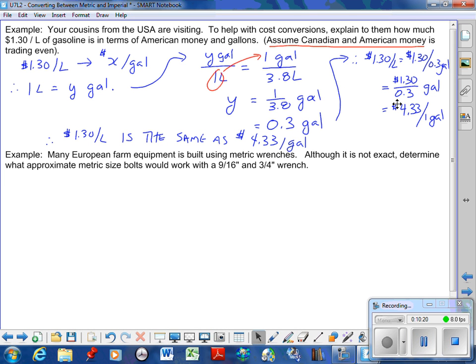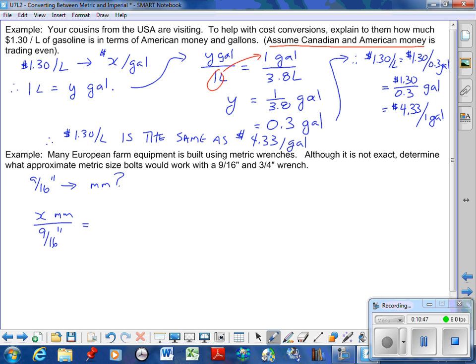I know, but what's the approximate metric size bolts that work with a 9/16 and 3/4 inch wrench? I just want to convert your 9/16 wrench that's in your toolbox to millimeters, since those wrenches are in millimeters.